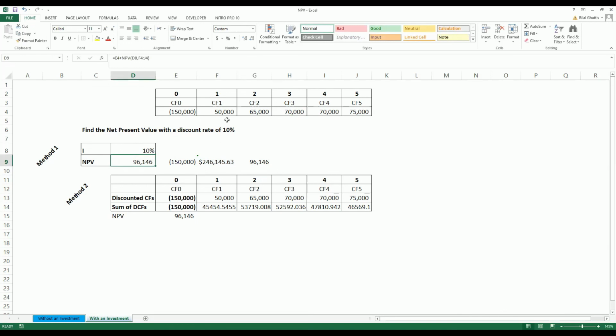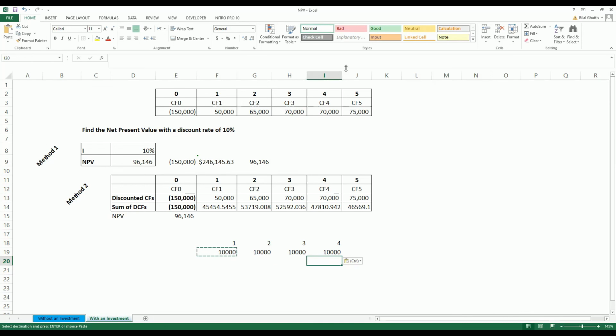Number 2, you need to pay attention to the cash flows. And you need to know that the further we go to the right, the less the value will be. For example, if we have 1, 2, 3, and 4, and we have 10,000 all over, if we try to discount the values of the 10,000, we're going to see that the more we go to the right, the less the value will be.